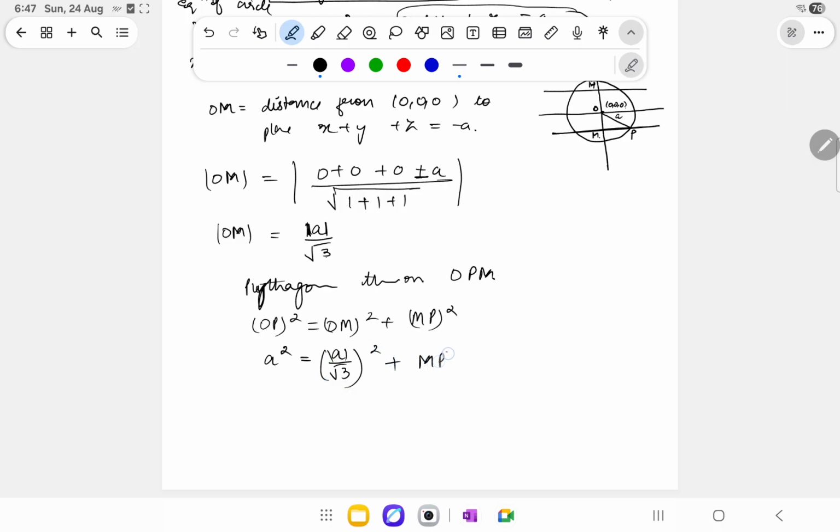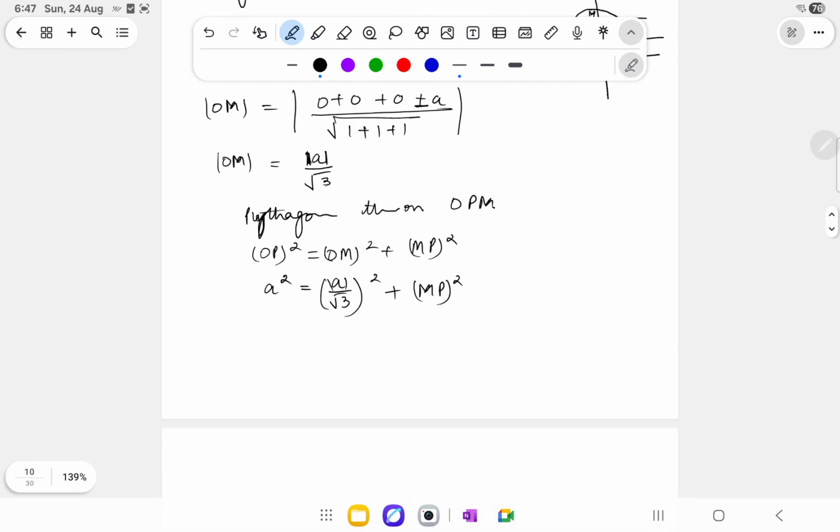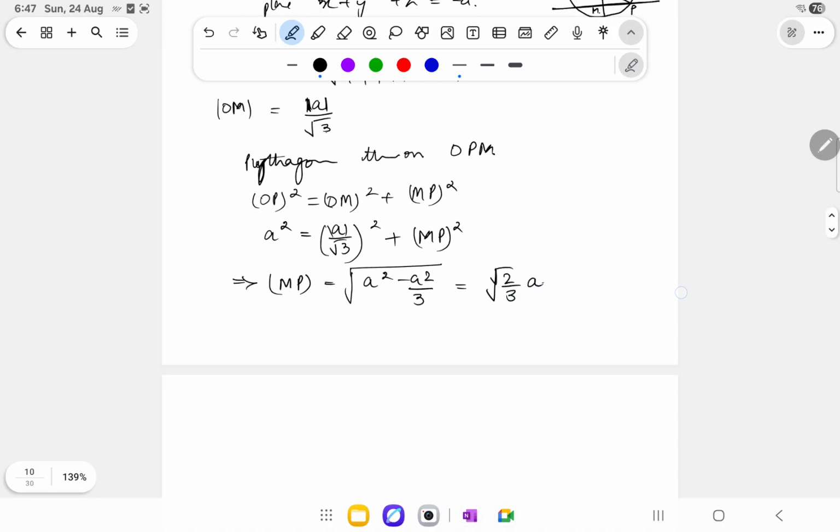From here I'll get MP², and MP is the radius of the circle which we get by the intersection of the cone and sphere. So MP is the square root of a² − a²/3, which is √(2/3) a. So I got the radius of the circle as √(2/3) a.